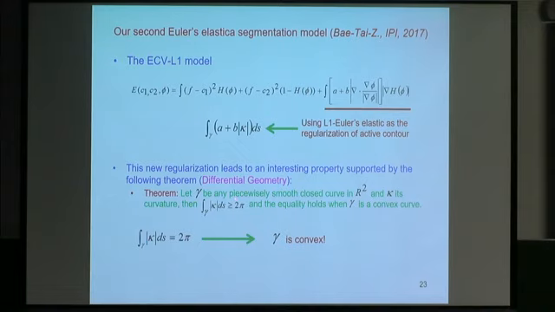In fact, I mentioned this inequality in one of our slides previously. And the equality holds when gamma is convex. Once it is convex, kappa is d theta over ds, so theta will always keep increasing, making just one loop. That is why we have 2 pi. So we try to use this, and that's why here we just use L1 for this elastic.